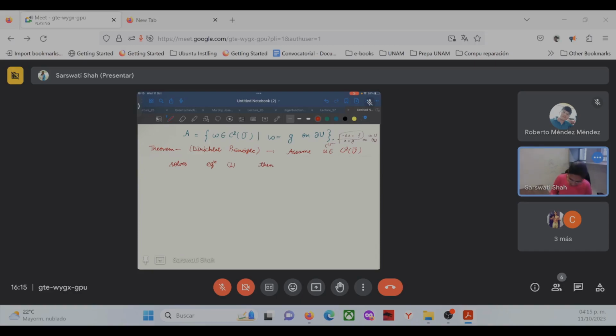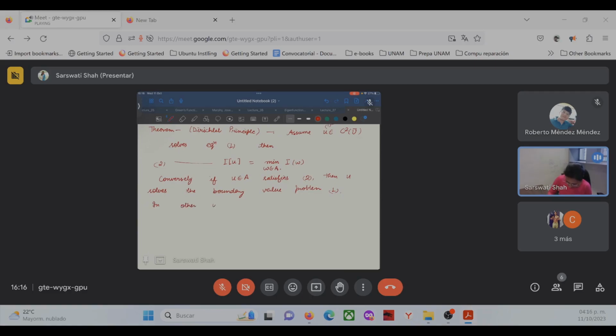Then I of U, the energy functional, is going to be the minimum of the energy functional defined on this admissible set, where W is coming from the admissible set. Conversely, if U belongs to A and satisfies equation number second, then U solves the boundary value problem first.